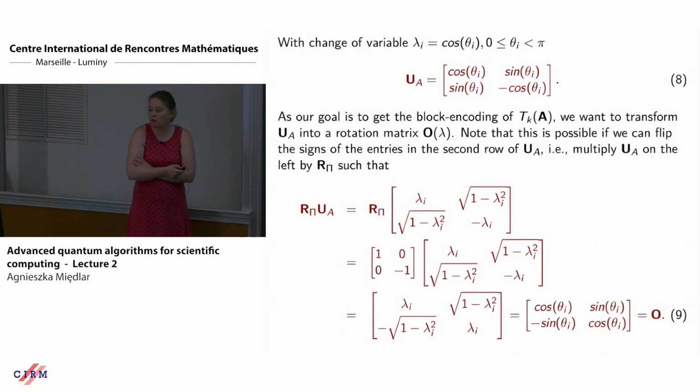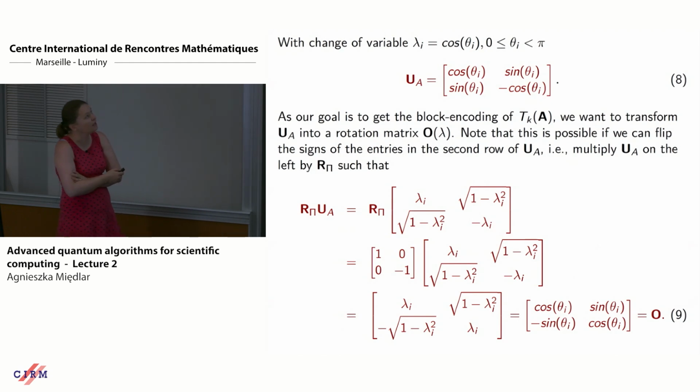So remember, our end goal is to get the block encoding of the Chebyshev polynomial evaluated in matrix A, and this was possible using the rotation matrix, OA. So OA was the rotation matrix to the power K. If you look at this object, it's almost there. It almost looks like a rotation matrix, but it's not exactly a rotation matrix.